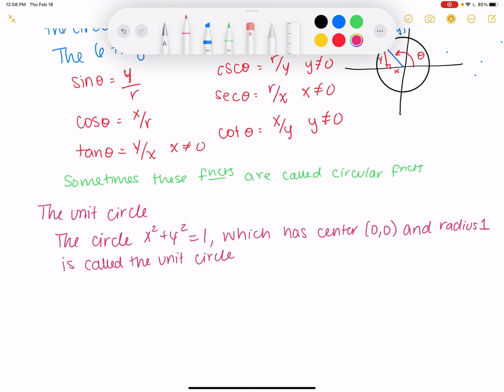So the radius is 1, and it has to be centered at (0, 0). Otherwise it's not a unit circle.